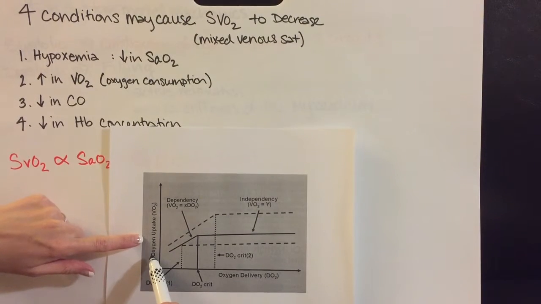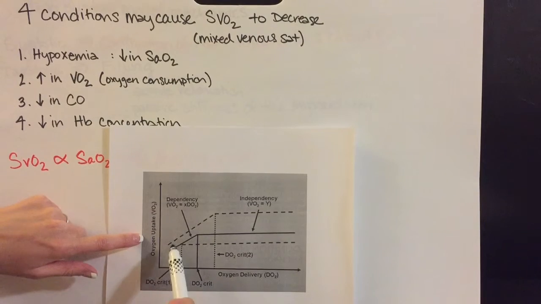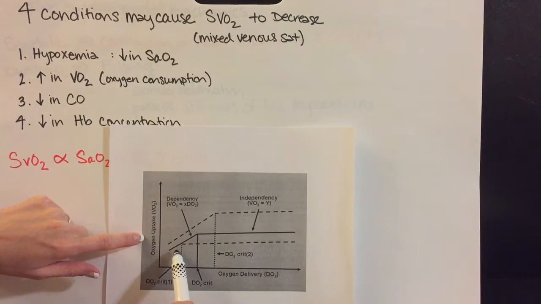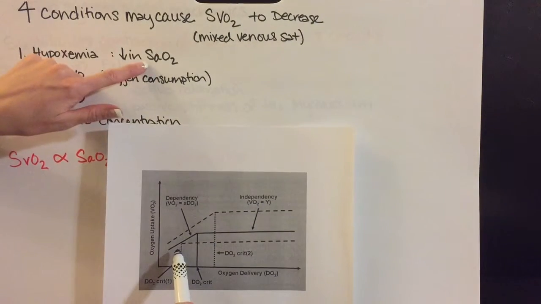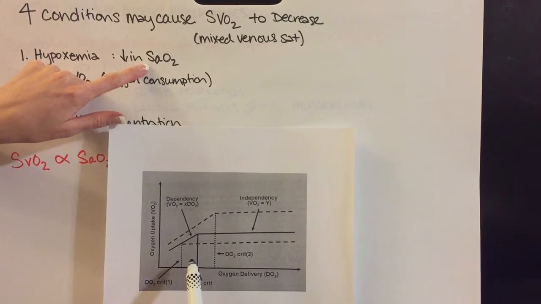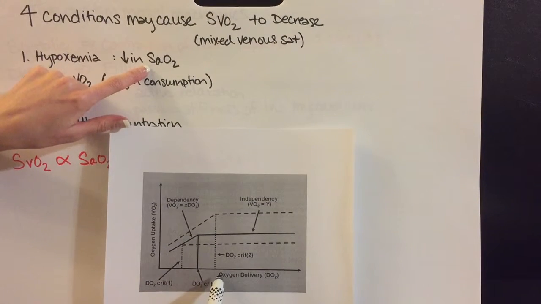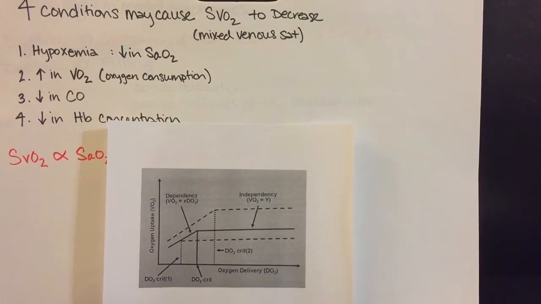With the tissues continuing to need uptake, you can have global desaturation and end organ failure because your cardiac component cannot compensate for the loss in saturation of oxygen.